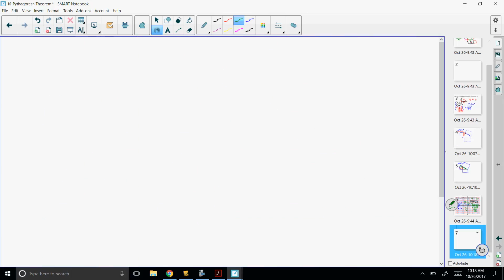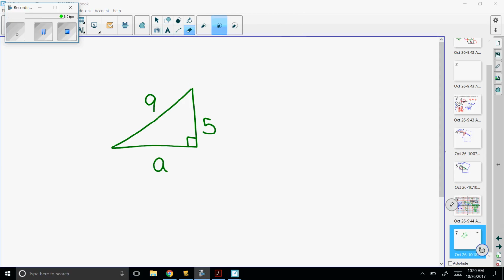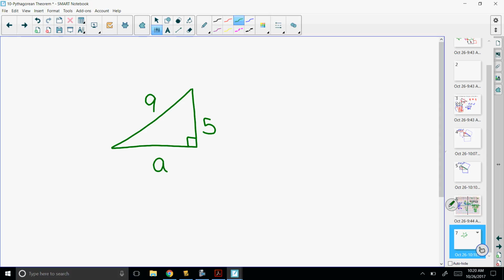I want to give you another example. Can you use the Pythagorean Theorem to find A? I'm going to give you lengths of 5, 9, and A. All right, I'll give you a minute. Go ahead and work through it. How many of you directly went to 9 squared minus 5 squared, and then you take the square root?